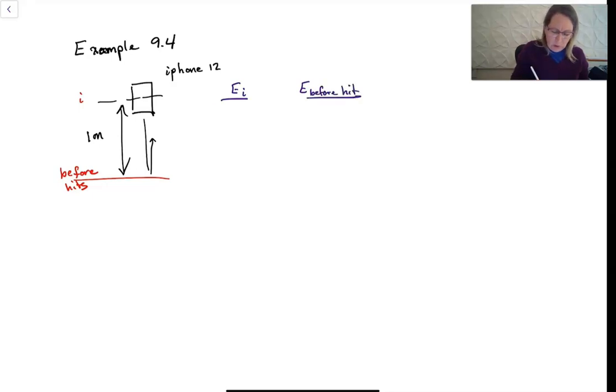And so U is equal to mgh. K is equal to 0 if it drops from like slipping out of your hands. You didn't throw it down, for example. And the potential energy, we're going to call that the Y equals 0. And the kinetic energy gives us then our final speed before hit.